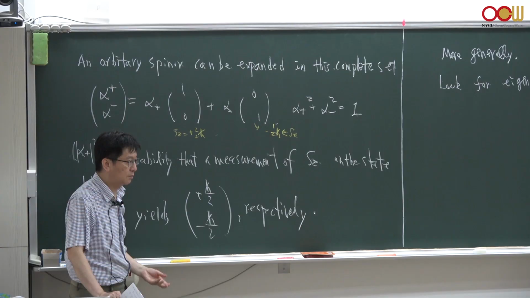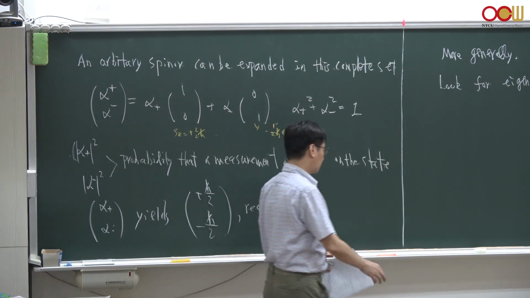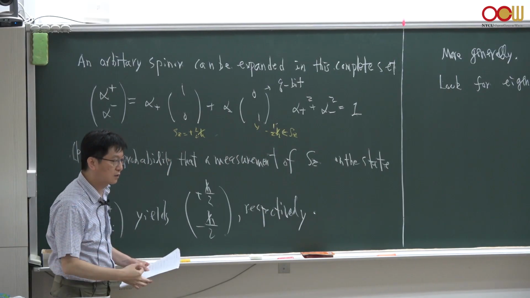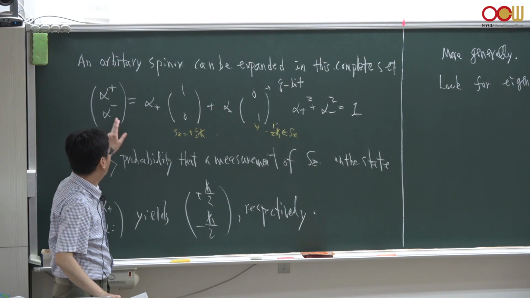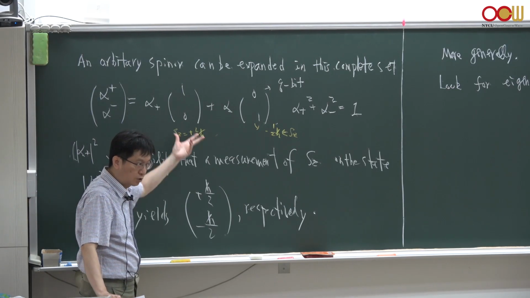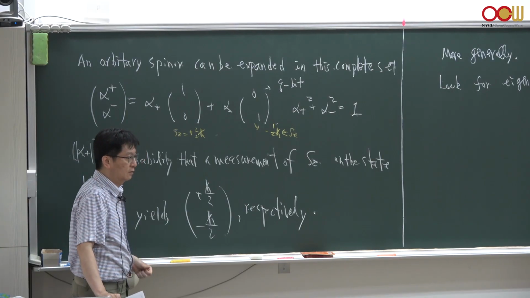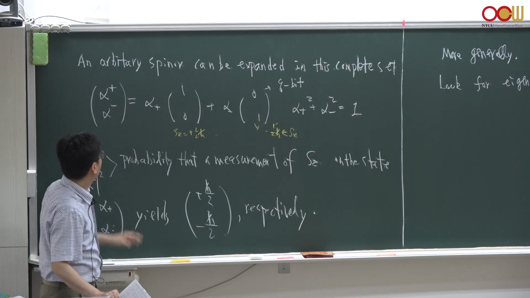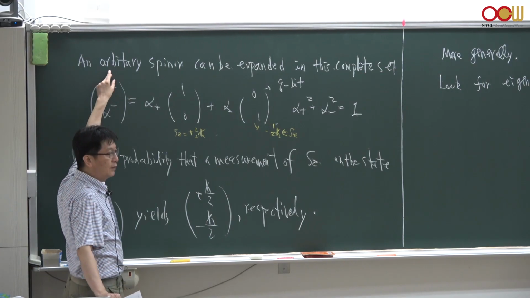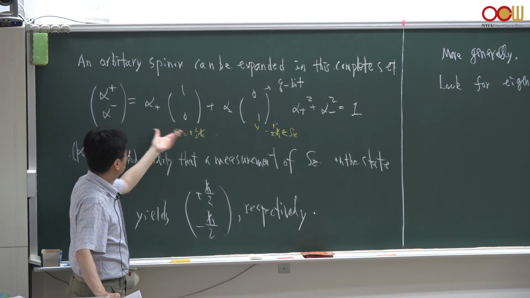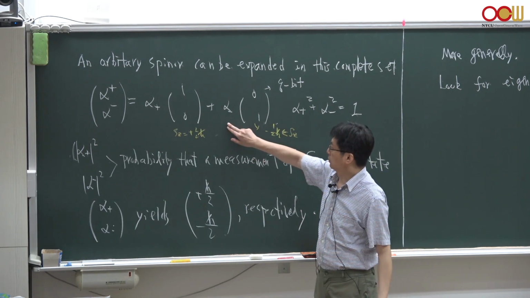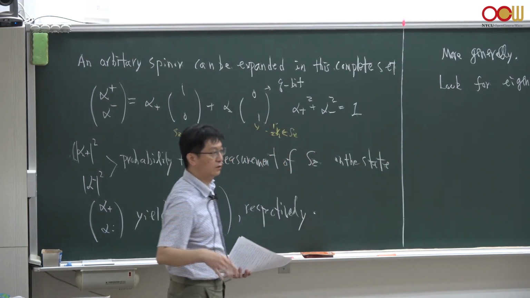And this is the simplest possible example of the qubit or quantum bit. By quantum mechanics, we are allowed to construct any arbitrary quantum state made of linear combinations of two orthogonal eigenstates of certain operators. And this alpha plus, alpha minus state is precisely this kind of arbitrary spinor that could be constructed based on this linear superposition principle, which is the principle of the so-called quantum computer.